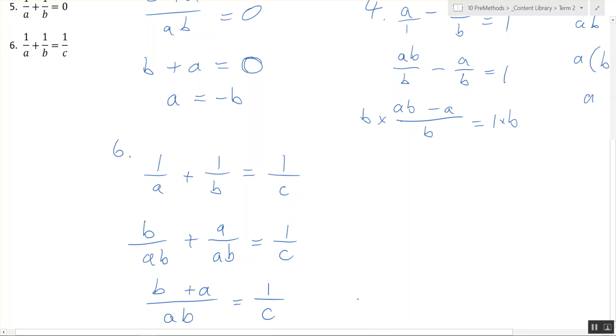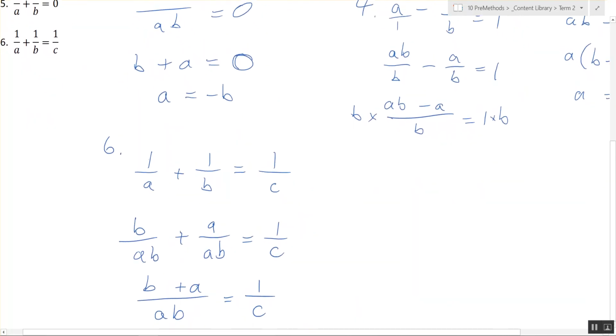Alright, like question 5, we're going to multiply both sides by ab, but this time ab doesn't disappear. So b plus a equals ab over c. So I've multiplied ab on both sides, it's disappeared on the left, and it's up the top on the right.